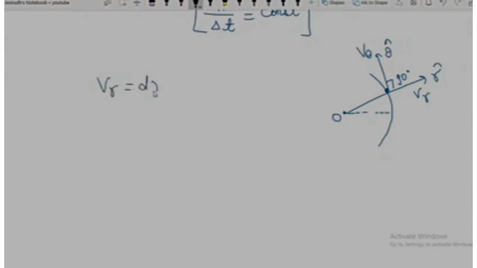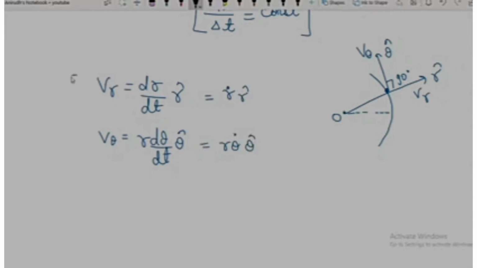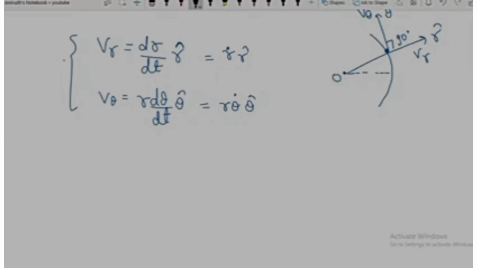Vr is equal to dr by dt times r cap, that is r dot r cap, and V theta is equal to r d theta by dt times theta cap, that is r theta dot theta cap. So the velocity vector is equal to r dot r cap plus r theta dot theta cap. This is the needed velocity vector relation.